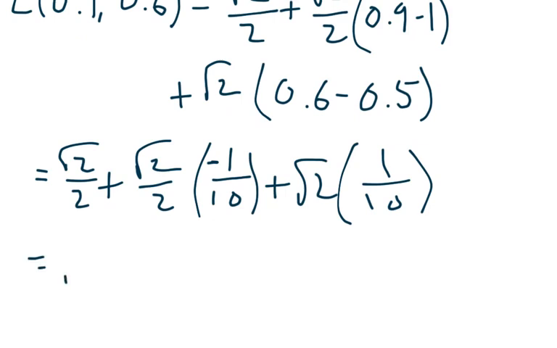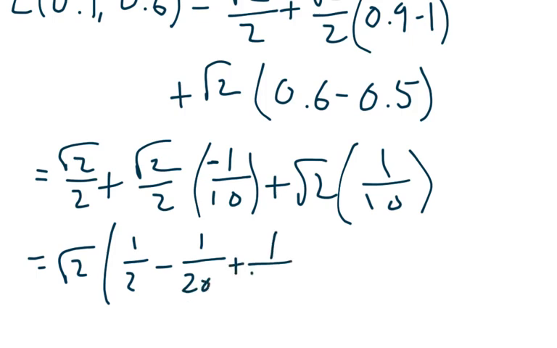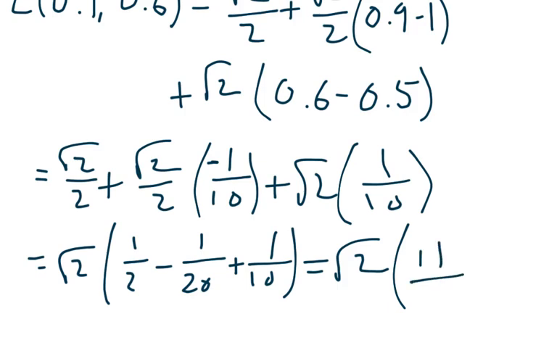So this is square root of 2 times 1/2 minus 1 divided by 20 plus 1 divided by 10, or square root of 2 times 11 over 20, once you work it out.